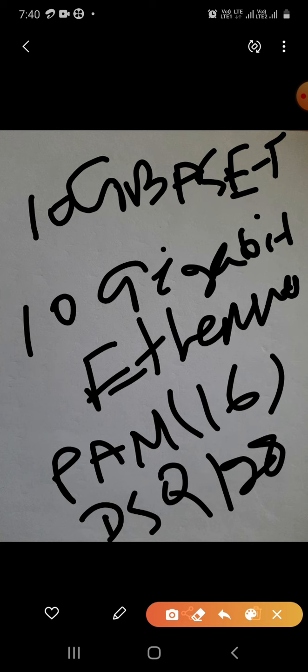Similarly, 25 gigabit Ethernet and some copper variants of 100 gigabit Ethernet and 200 gigabit Ethernet use PAM4 modulation.